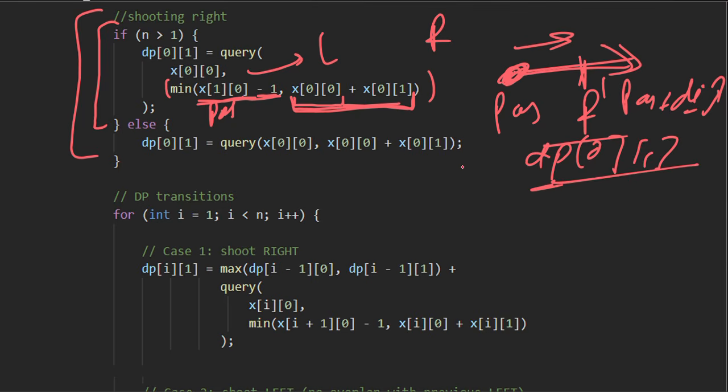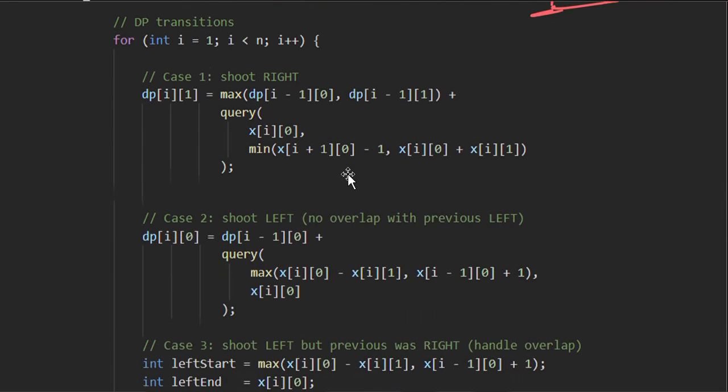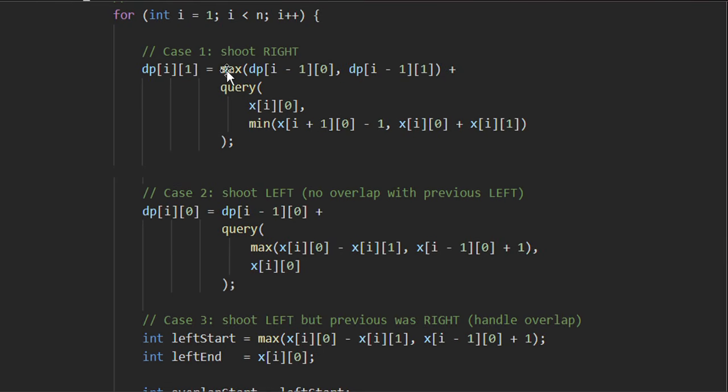Then we start the transition for each robot from i equal to 1 to n, and we see all three cases that we have already discussed. Case 1: our current robot shoots in the right direction, meaning there is no overlapping.